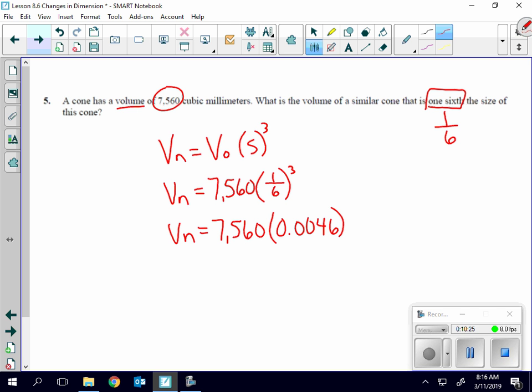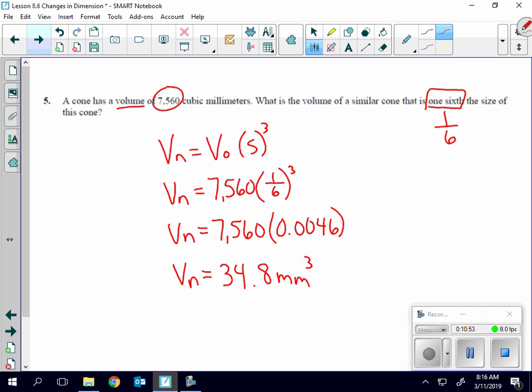Obviously, I wouldn't want to do it times 0, so just make sure you have something to multiply by. All right, so this number, 0.0046 times 7560. I get 34.776. If I round it to the tenths, 34.8. And this is millimeters cubed.